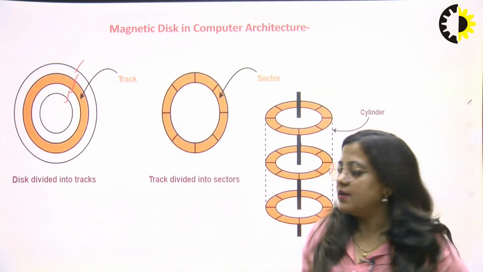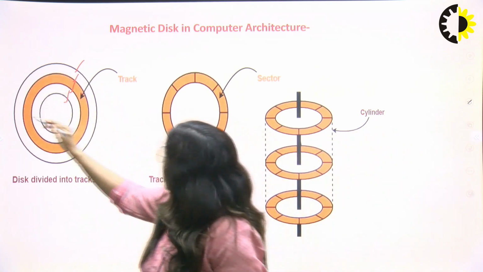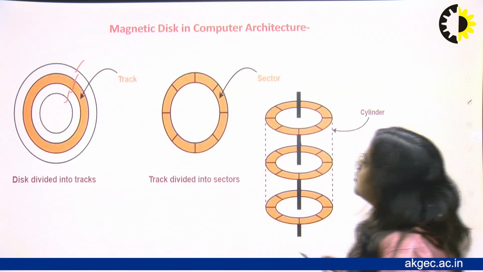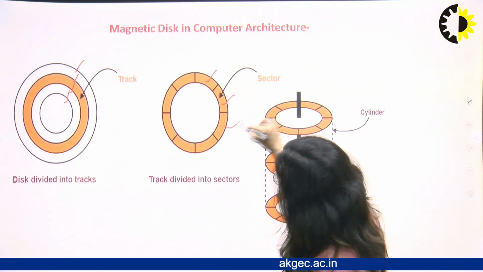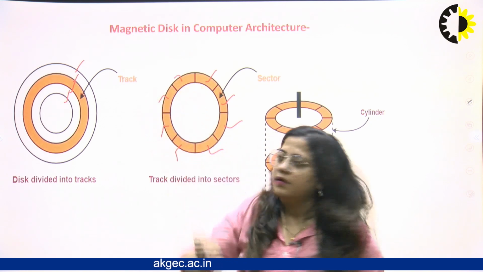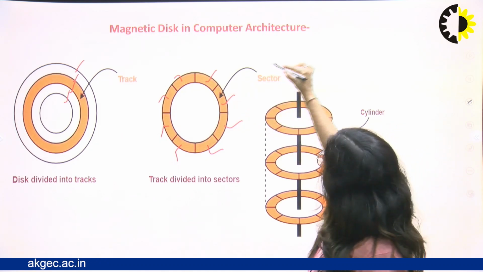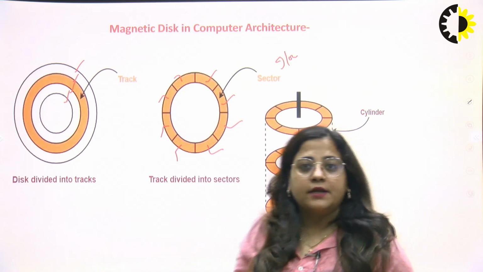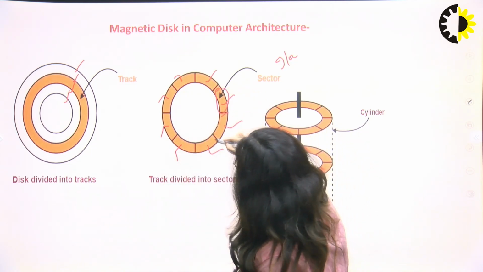Let's suppose we take one track, and this track is divided into sectors. This part is called a sector, and each sector stores input output files, your data and information.